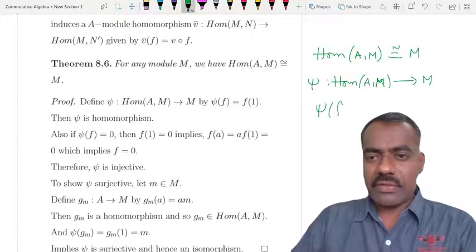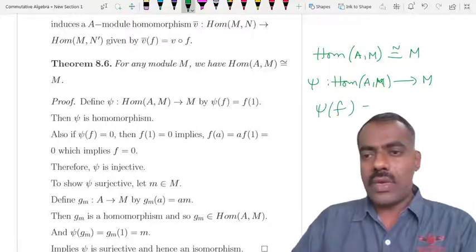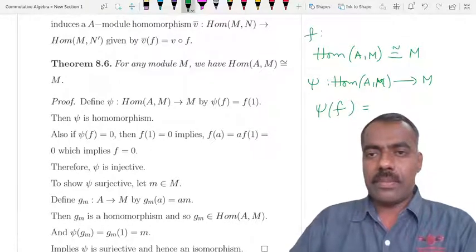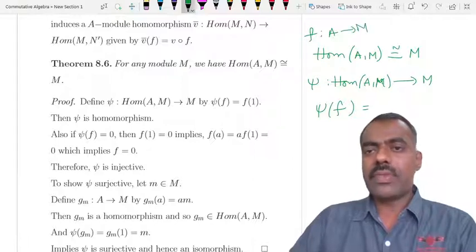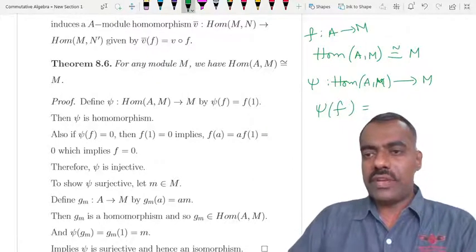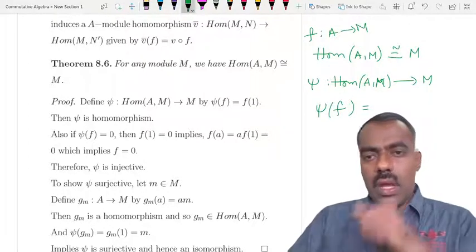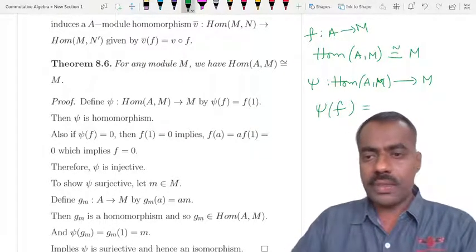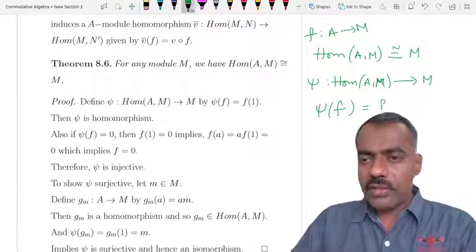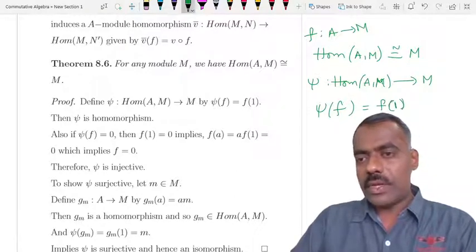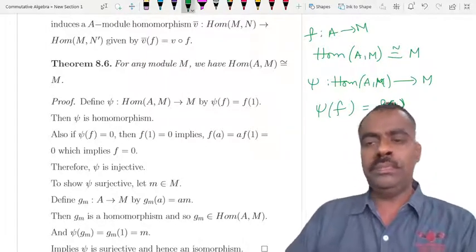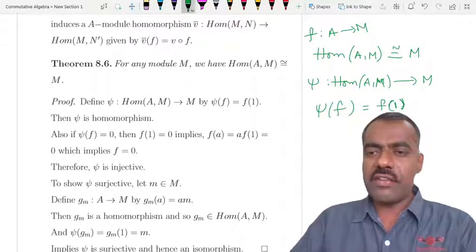Obviously, if you take any f from A to M, we have to define the map in such a way that the result belongs to M. We know A is a commutative ring with identity, so you define psi of f as f of 1.